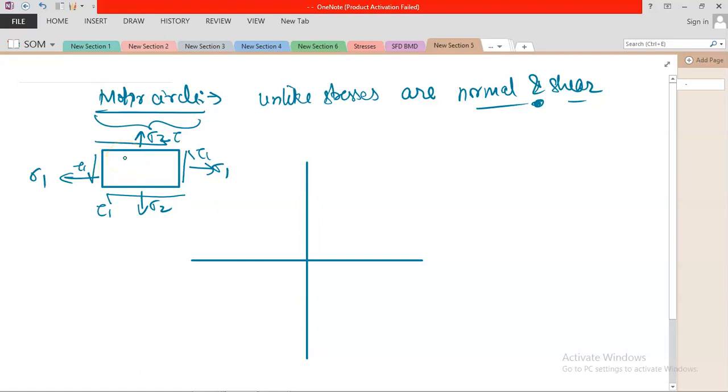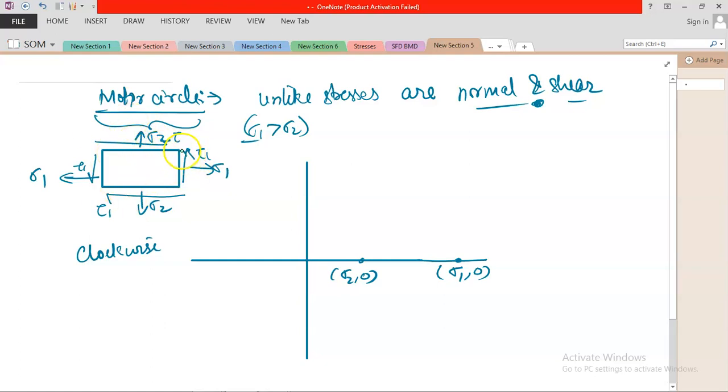First of all, what is sigma 1? Suppose sigma 1 is greater than sigma 2. Let us take sigma 1 comma 0 here, and sigma 2 comma 0 here. Now your tau, I used to discuss, you remember, clockwise direction is positive. So here the sigma 2 direction is positive, but here the sigma 1 direction is negative.